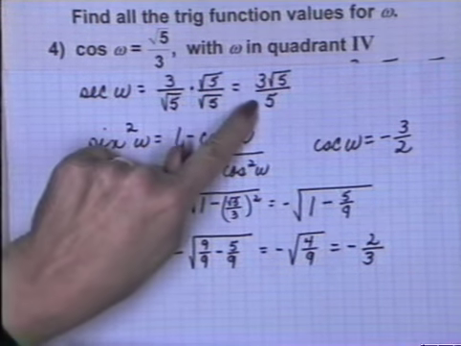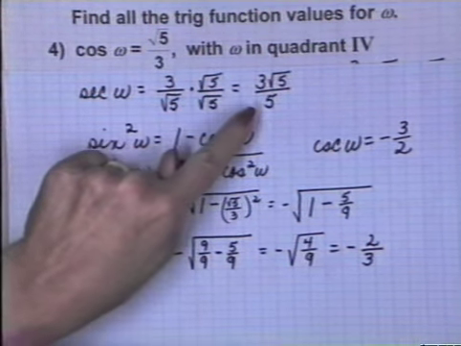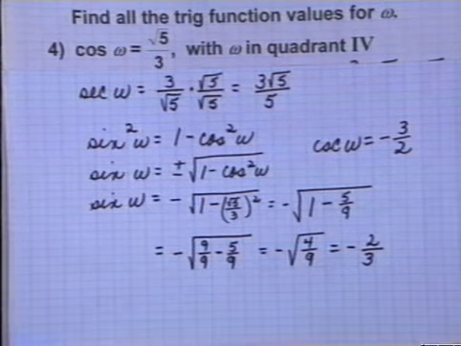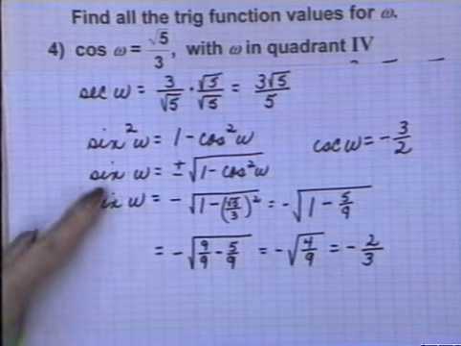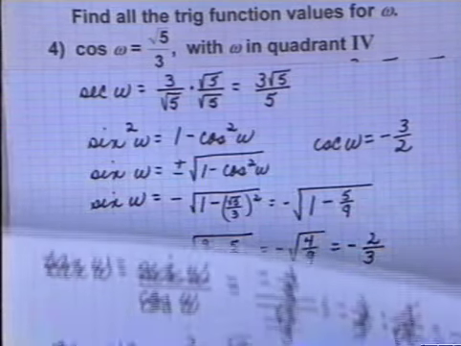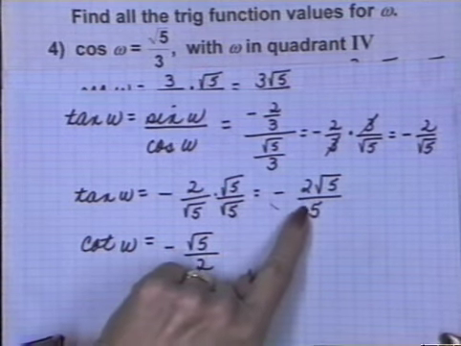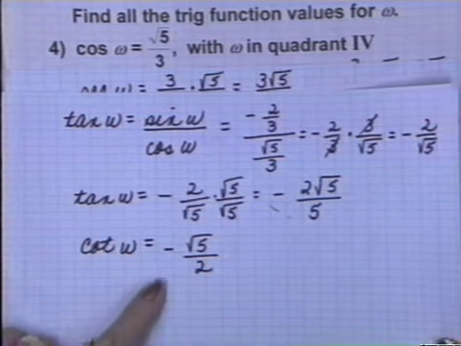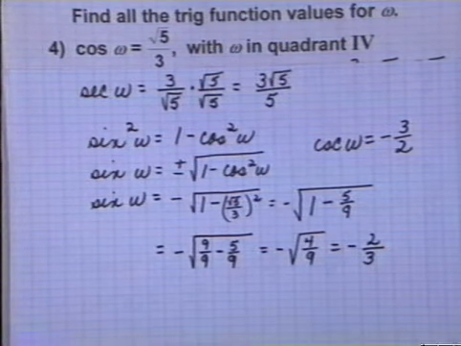The cosine and the secant, and that's 2 functions, and those are the 2 functions that should be positive in the fourth quadrant. Look at your other functions. Your sine was negative, your cosecant was negative, the tangent was negative, and the cotangent was negative, and they should be negative for a fourth quadrant angle.